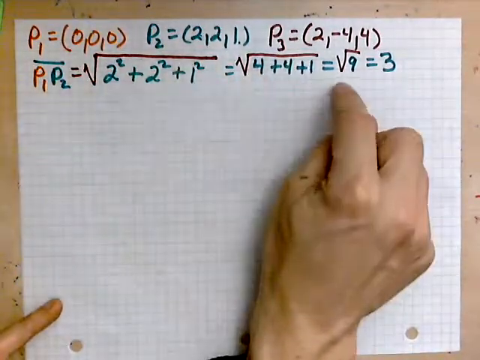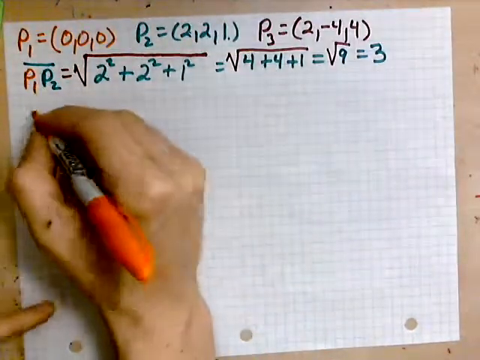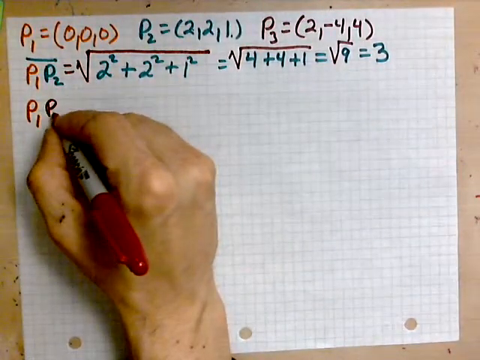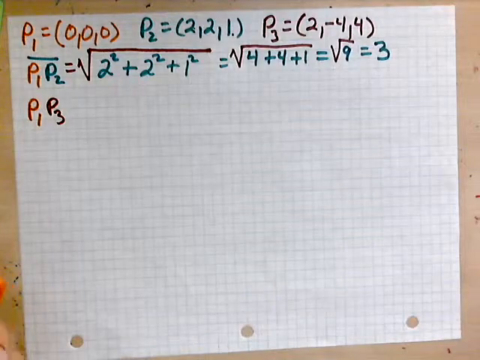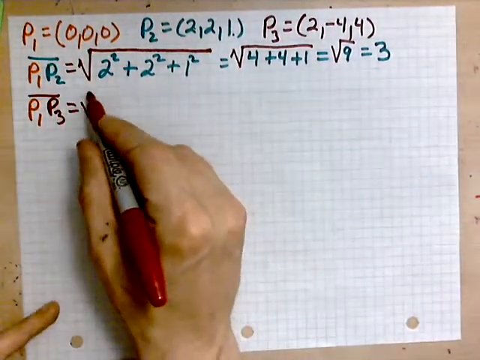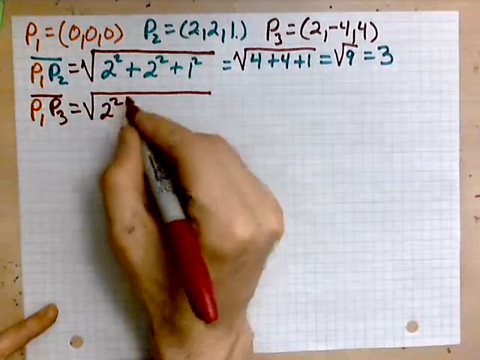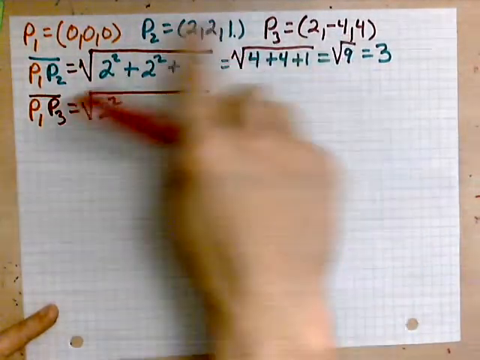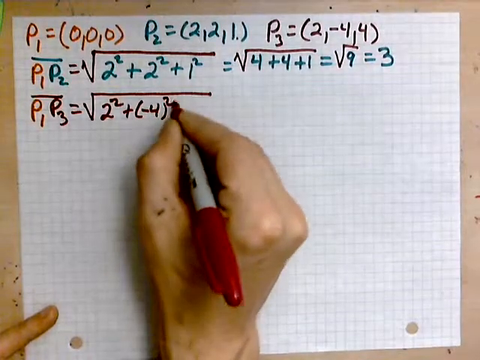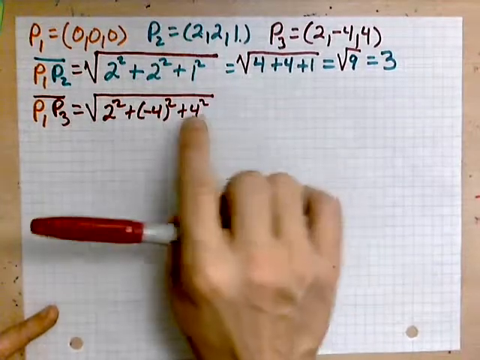Now let's apply the same concept to the distance between P1 and P3. So P1 connecting with P3. The same thing holds. 2 minus 0 is 2 squared. -4 minus 0 squared is just -4 squared, and then 4 minus 0 of course is just as before 4 squared.